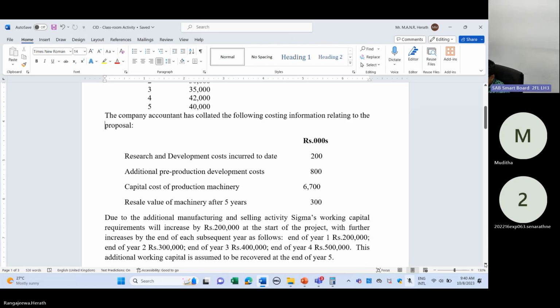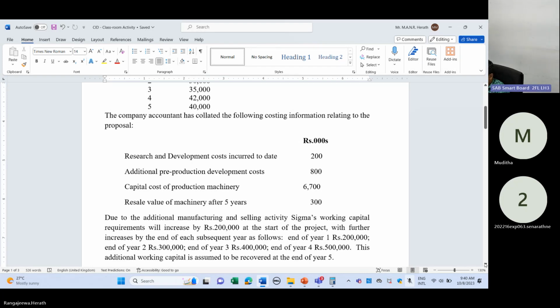Research and development cost incurred up to date. What is that? Cost irrelevant for the decision.